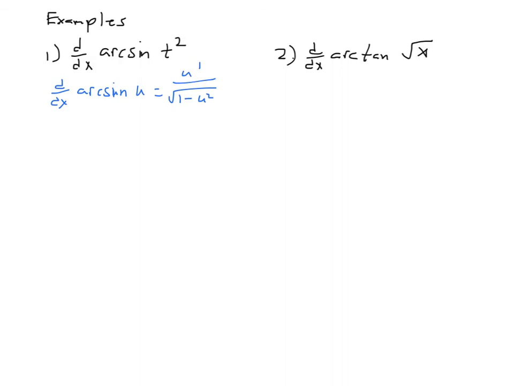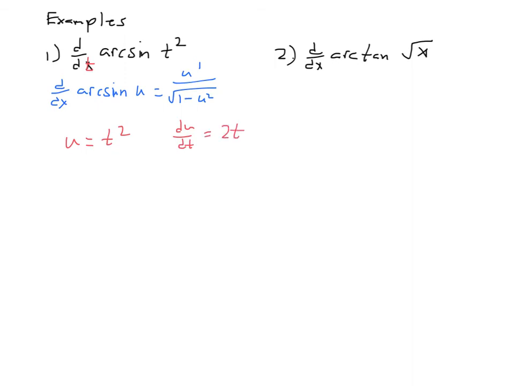And so in this case, I know u is equal to t squared, and therefore it should be d/dt there. This should be a t. I know that du/dt, or u prime, is going to be 2t.